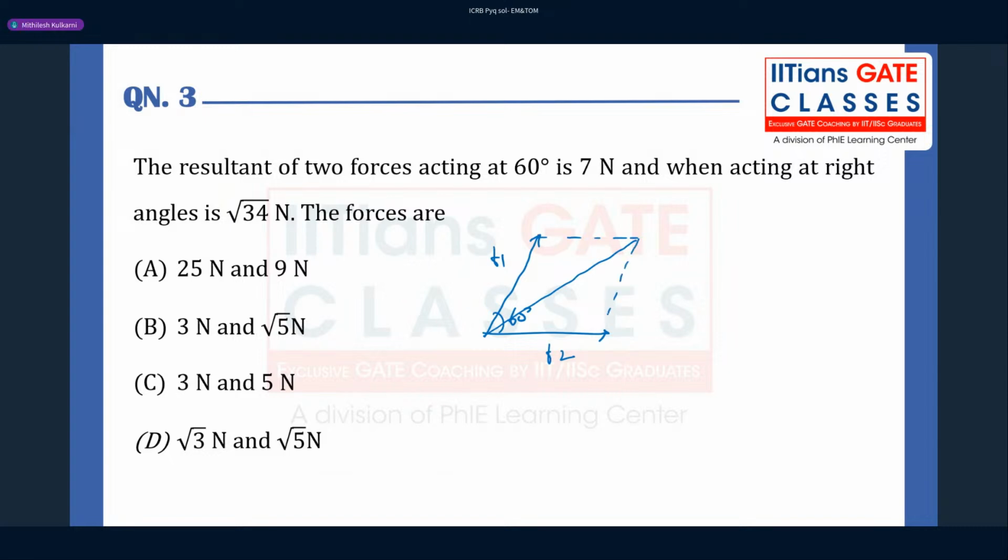We don't know F1 and F2 are same or different. In this case, this is the resultant. The value is 7. So F1 square plus F2 square plus 2 times F1 F2 cos of 60 is equal to 7 square. And second case they have given is when they are acting at a right angles, the resultant is root of 34.